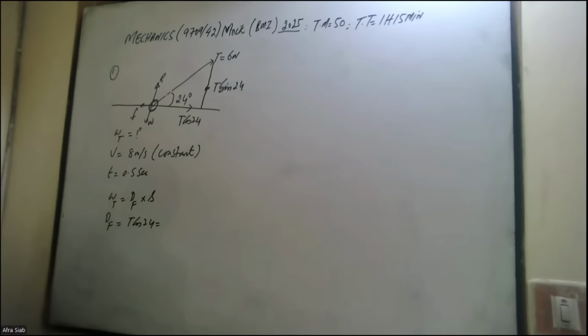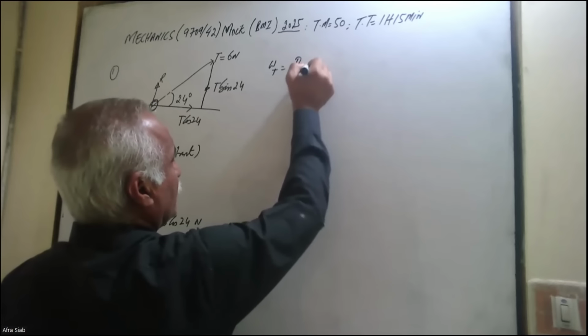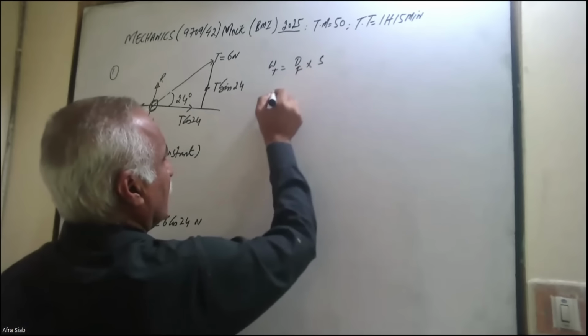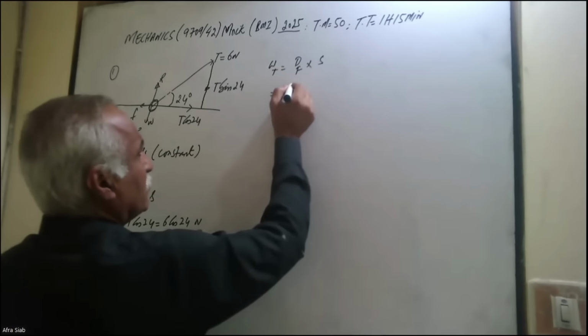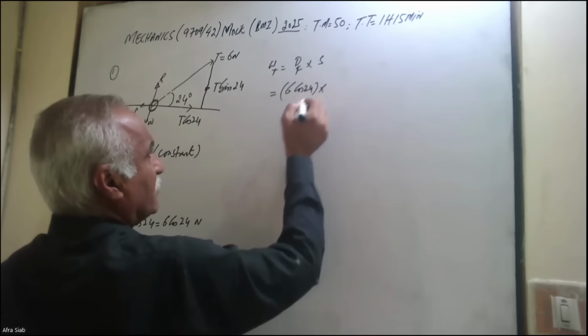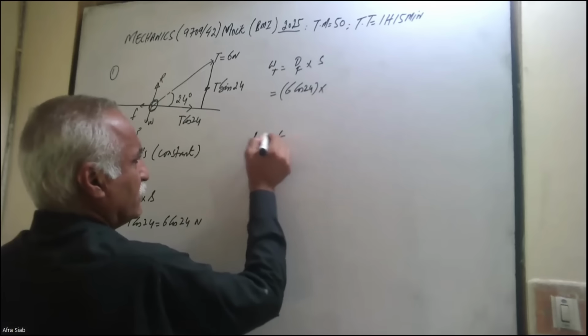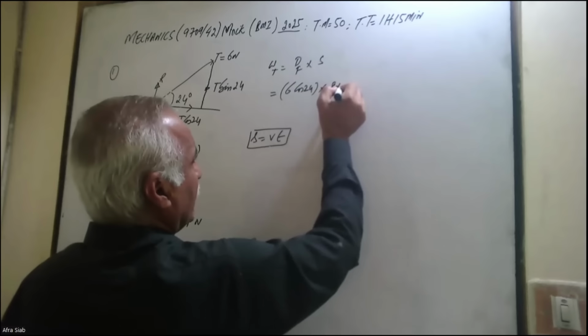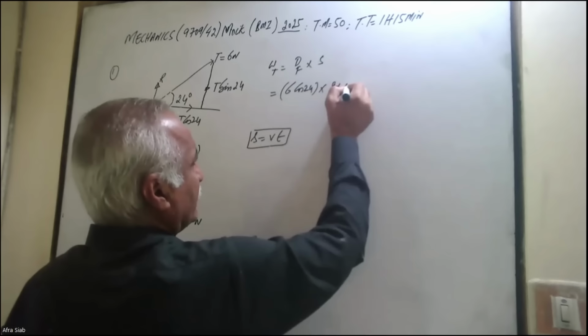T is 6, so the driving force is 6 cos 24 Newton. Now the work done due to this tension will be equal to the driving force times the distance. The driving force is 6 cos 24 and the distance is speed times time: speed 0.5 times time 8 seconds.